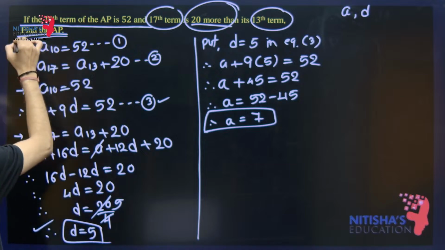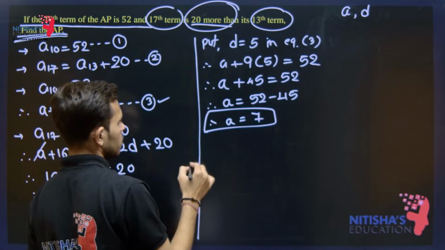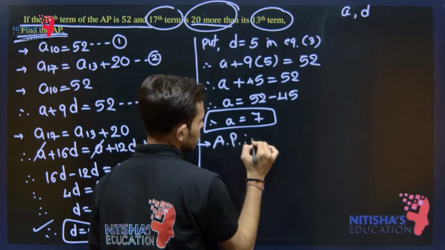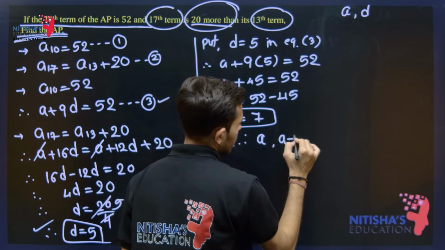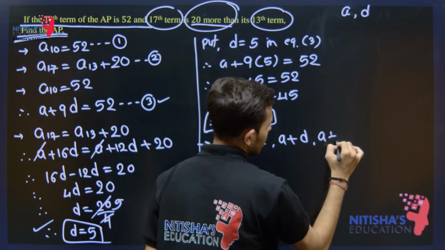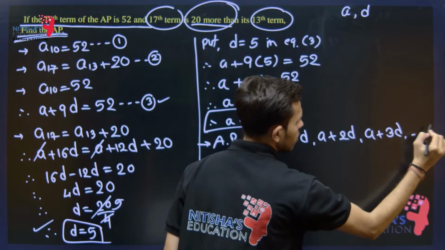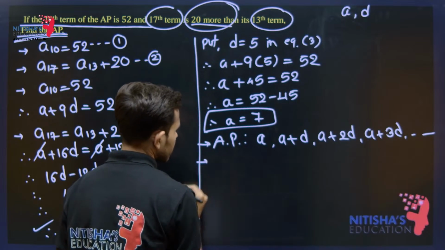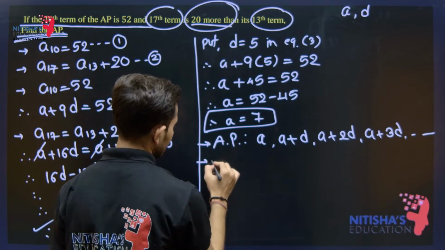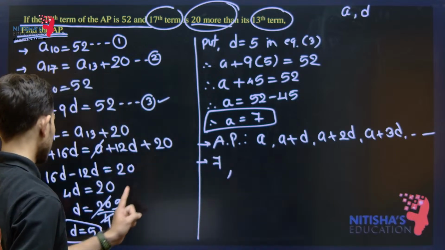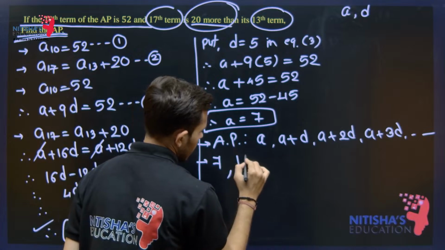Now we have to form this arithmetic progression. The general form of an arithmetic progression is A, A plus D, A plus 2D, A plus 3D, up to. So let's write our arithmetic progression. What is A? A is 7. What is A plus D? 7 plus 5, it is 12.